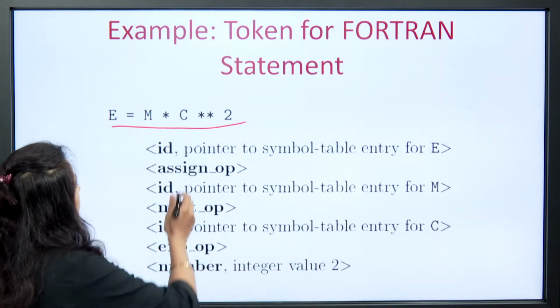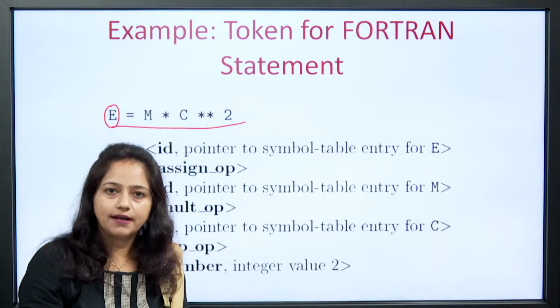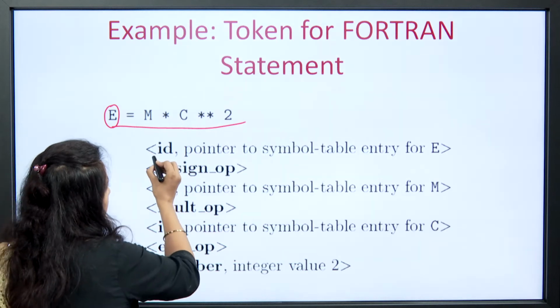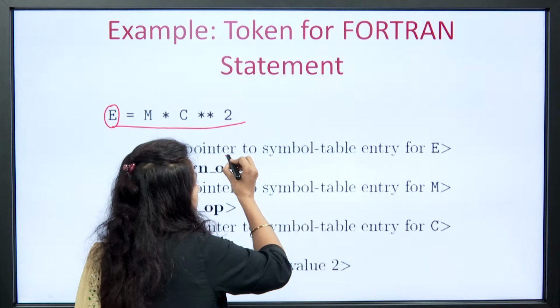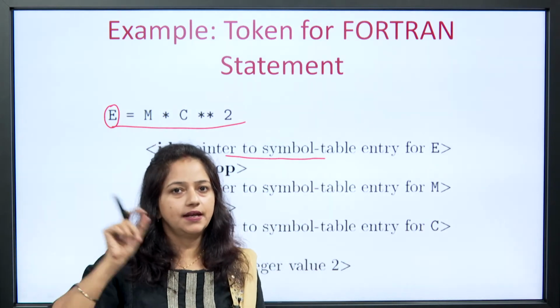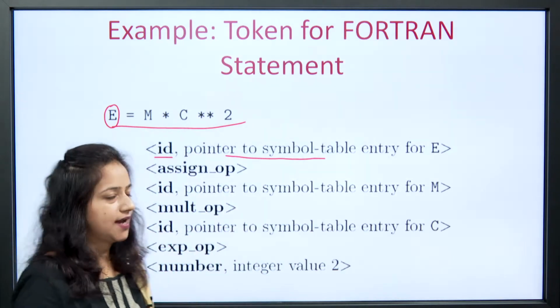Now, see here, this is E and this matches the pattern with respect to identifier. So, a token, we know, is a pair that contains the token name, and second, the attribute value. Attribute value means the entry to the symbol table, the index to the entry in the symbol table with respect to that particular lexeme.